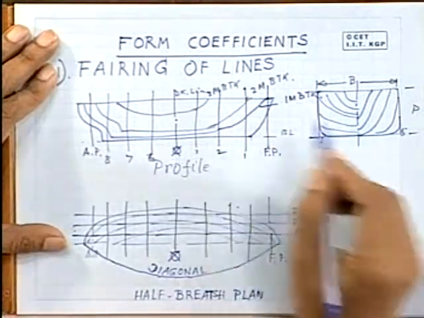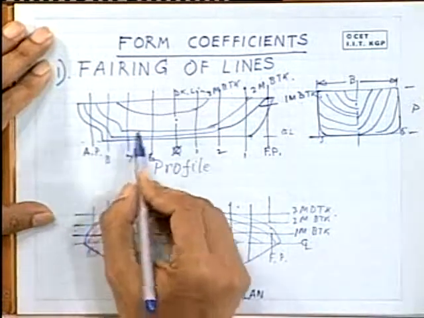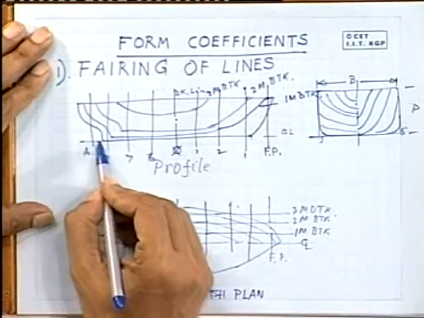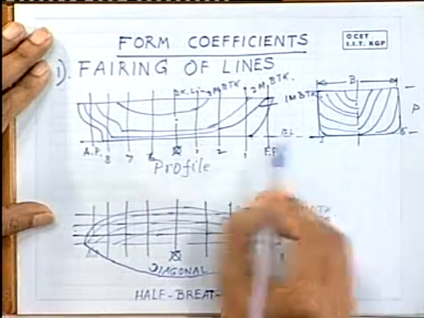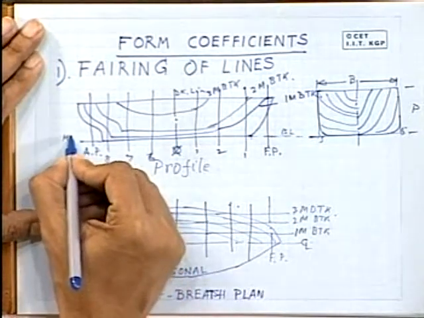Right. Now in the lines plan it is better to make the grid. So this is the molded baseline or the datum line, which is our starting point. This is called the MBL or the molded baseline.